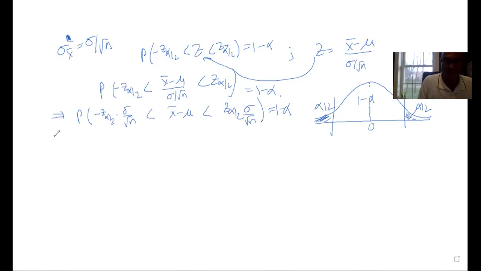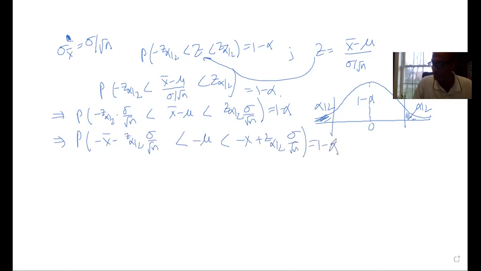Okay, guys. And this implies, since I want mu, let me just subtract x bar throughout. So the probability that negative x bar minus z alpha by 2 times sigma over square root of n is less than negative mu, which is less than negative x bar plus z alpha by 2 times sigma over square root of n, is equal to 1 minus alpha.